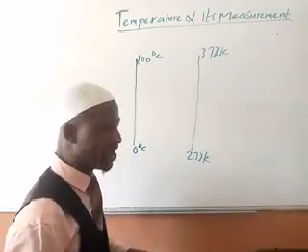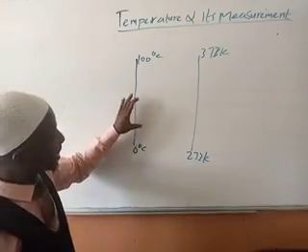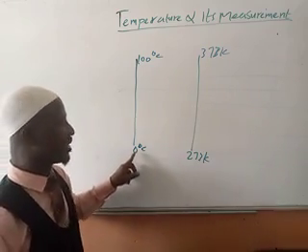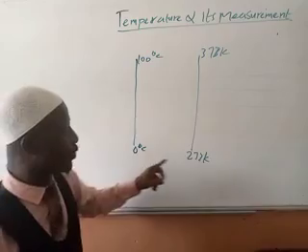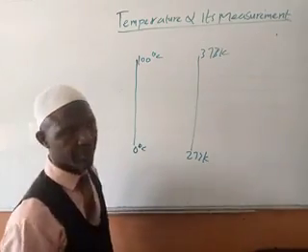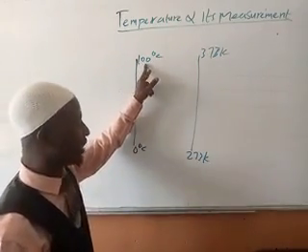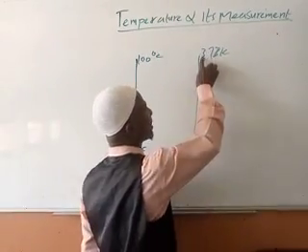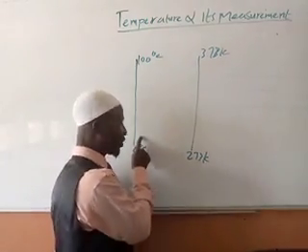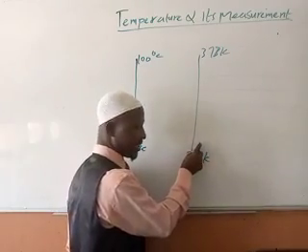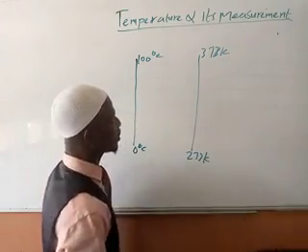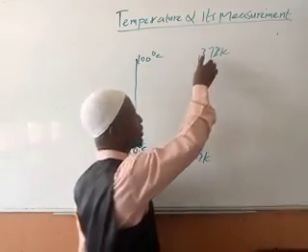So it means when the Celsius scale is telling you it's 0 degrees centigrade, if you go and take a thermometer in Kelvin, that one will say no, it's not 0, but 273. And when this one is giving you 100, that one will say no, it's not 100, it's 373, which means a 1 degree increase in this one is also a 1 degree increase in this one. So if this one is 1, this one will be 274, until this one reaches 100, while this one will reach what?